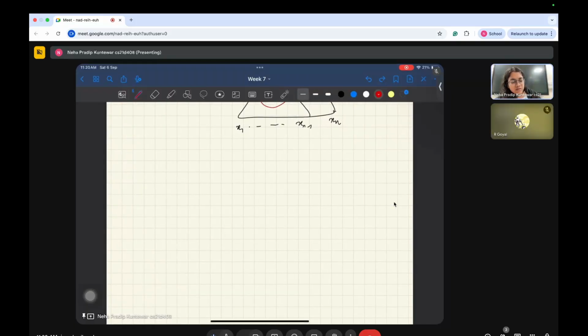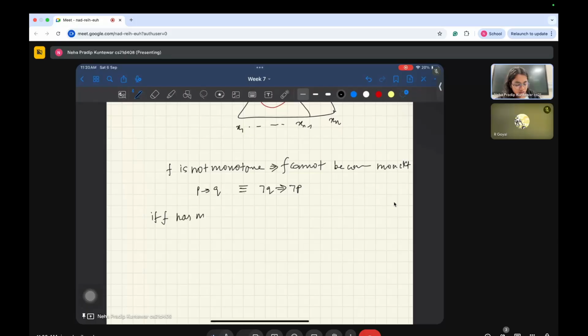But that is the same as what we proved earlier. If we say that f is not monotone implies that it cannot be computed by a monotone circuit, then the converse of this would be, since p implies q is the same as not q implies not p, the same as saying that if f has a monotone circuit, then f is a monotone function.